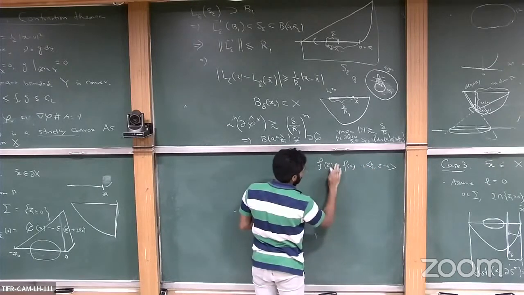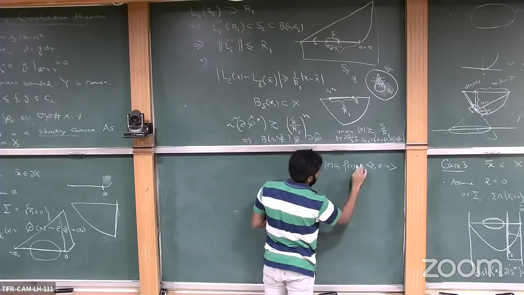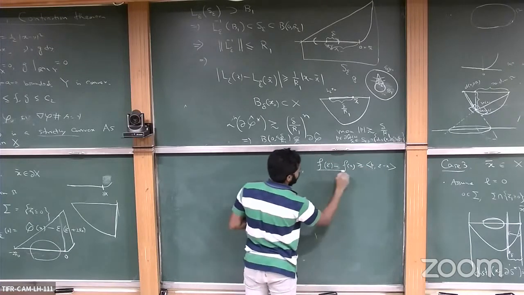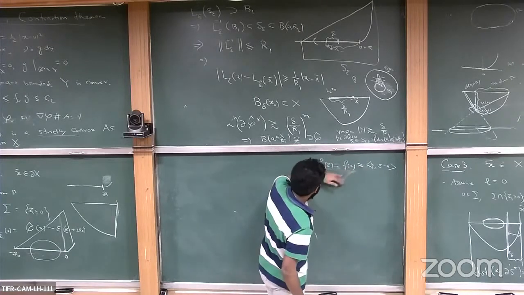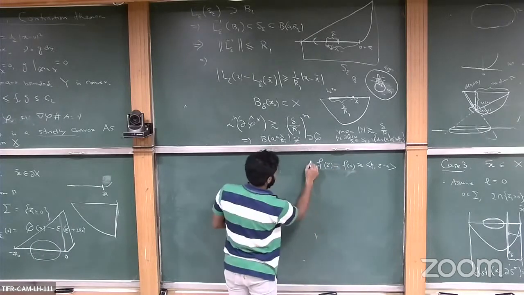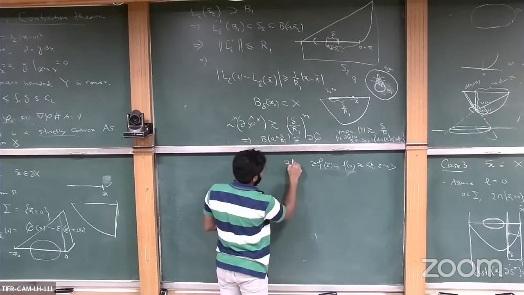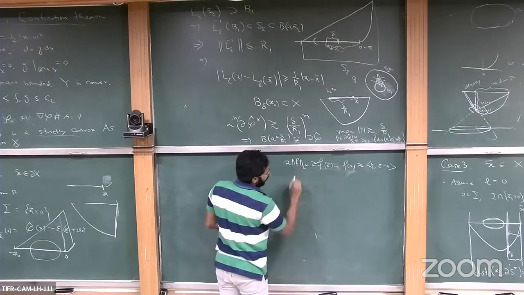Okay, so let me take it to this side. This is minus. This is bigger equals to, and this distance, okay, so this is bigger equals to 2 times the L infinity norm, right?